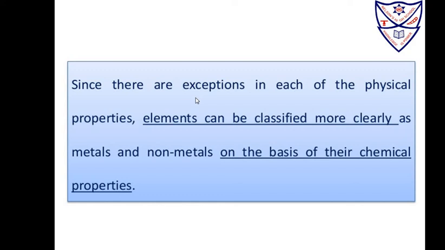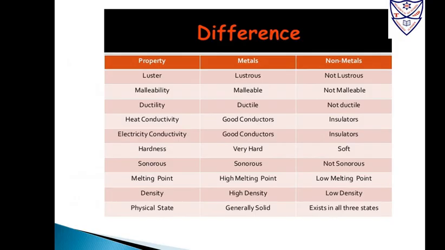Since there are exceptions in each of the physical properties, elements can be classified more clearly as metals and non-metals on the basis of their chemical properties. There is a difference between metals and non-metals.